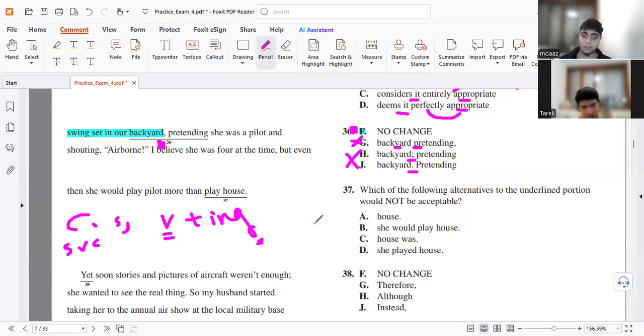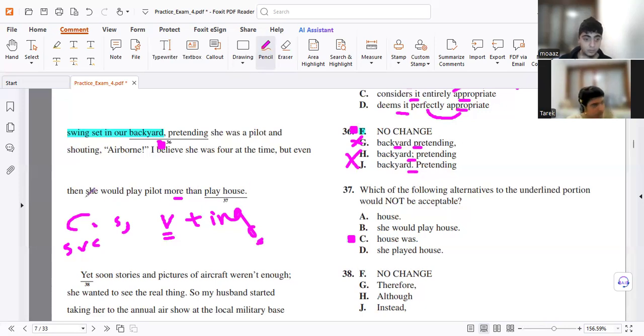No. 37. Put C. Letter C, correct. Why? Because of parallelism. More than. She would play pilot more than I play, or she was playing.